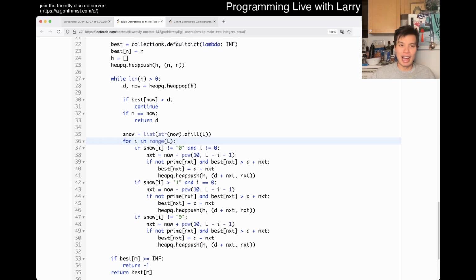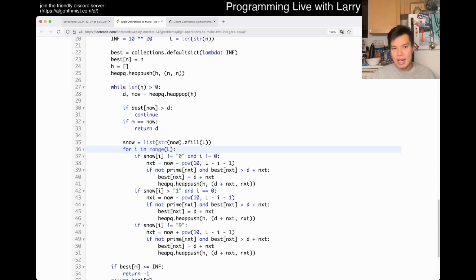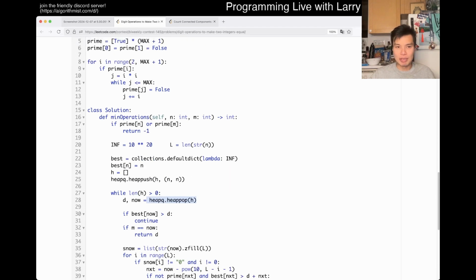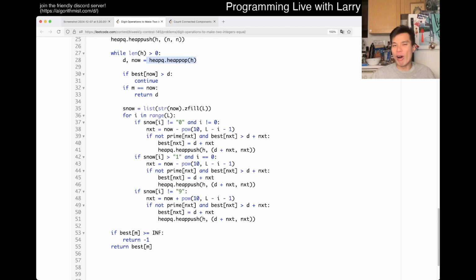What's the complexity here, actually? I guess that's the last thing to do. Well, it's the number of states, right? The number of states that you can insert into the heap is about 10,000, which is the range of the numbers. So if you want to say R for range, it's going to be O of R times L, where L is technically log base 10 of R. So you can say R log R if you want for each one.